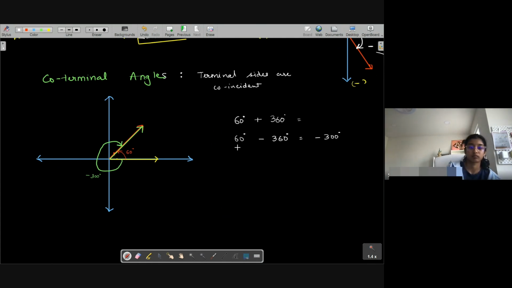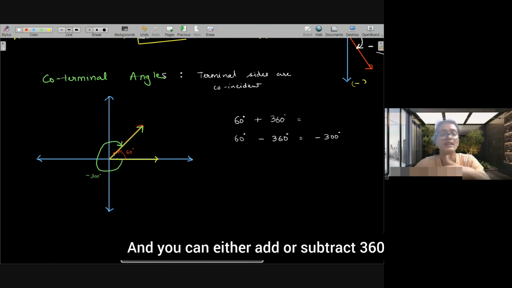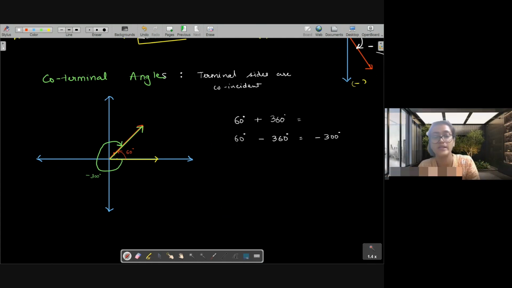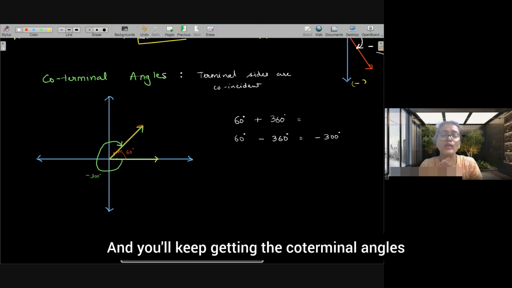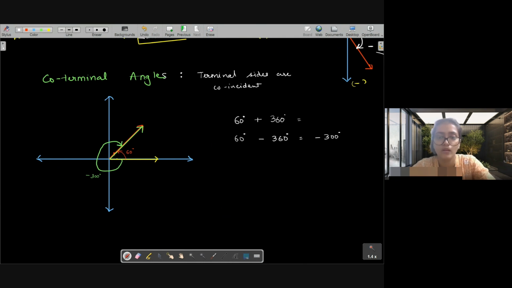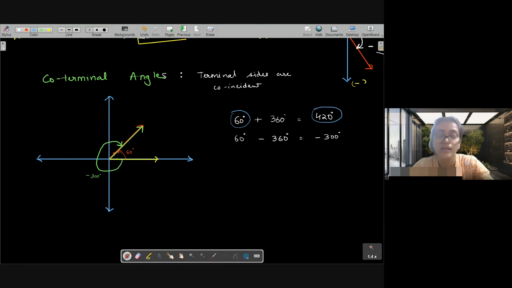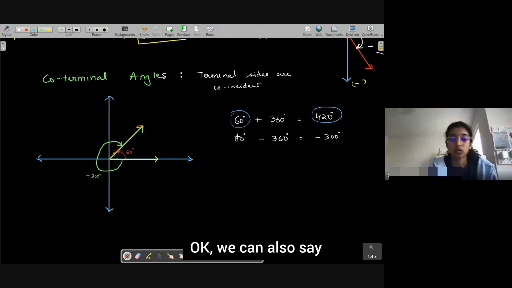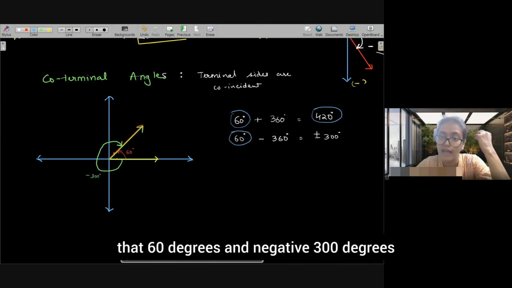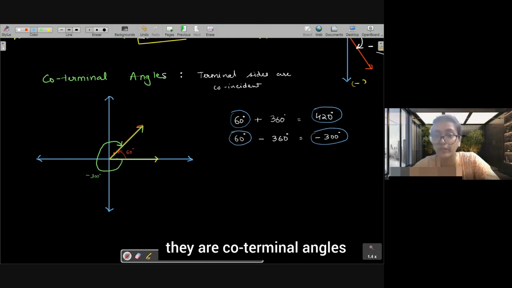You'll keep getting coterminal angles. 60 plus 360 will be 420. So we will say that 60 degrees and 420 degrees are coterminal angles. We can also say that 60 degrees and negative 300 degrees are coterminal angles.